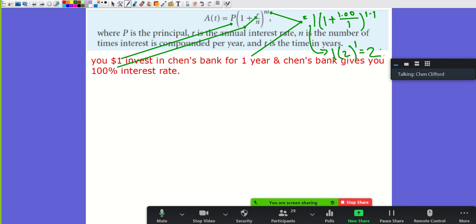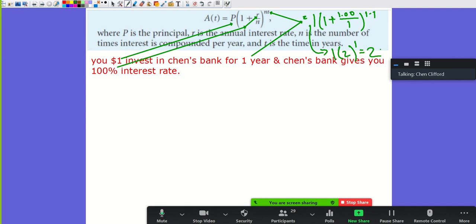And that actually makes sense if we use our common sense. I actually should have used common sense before the formula, but it doesn't matter what order I do this in. If you give me $1 and I say after a year I'll give you 100% interest rate, that essentially means at the end of the year, I'll give you $1 extra for just interest.